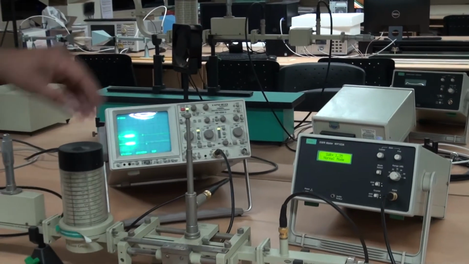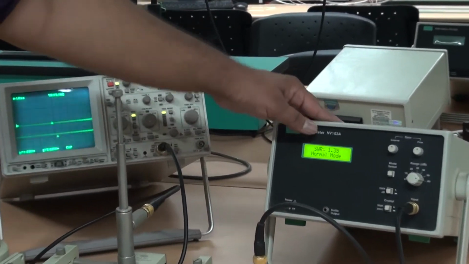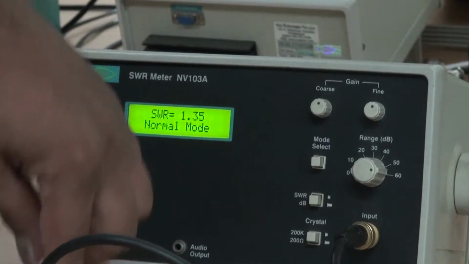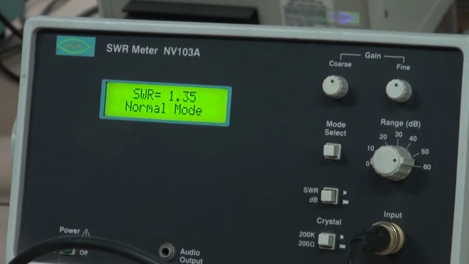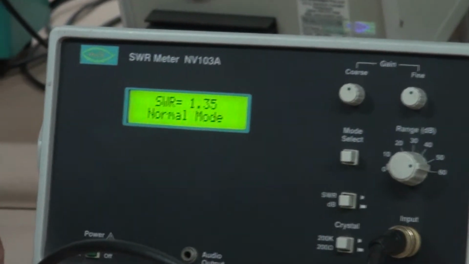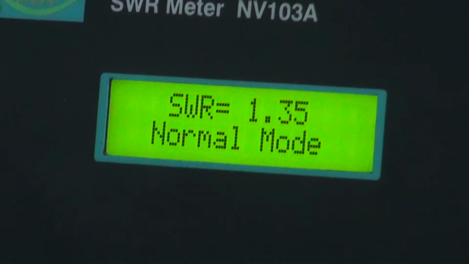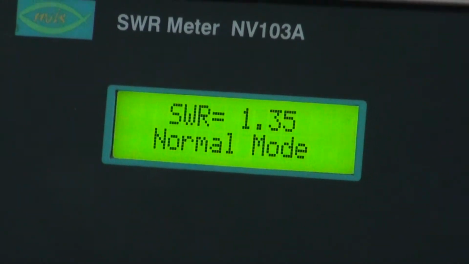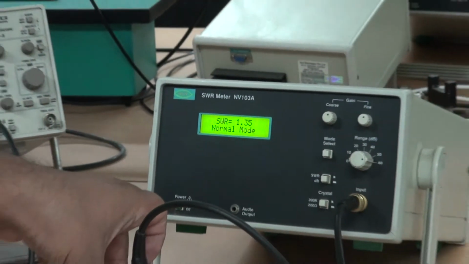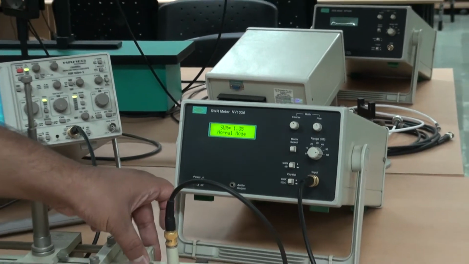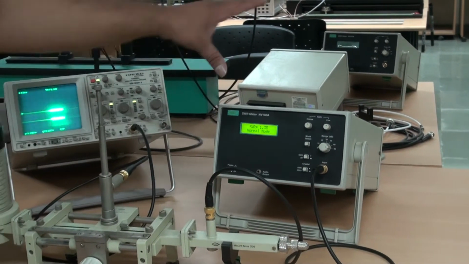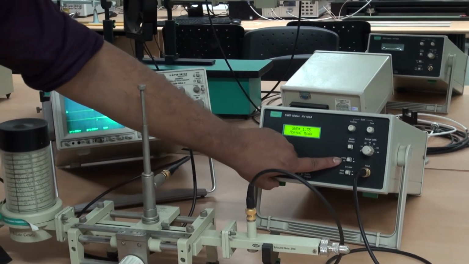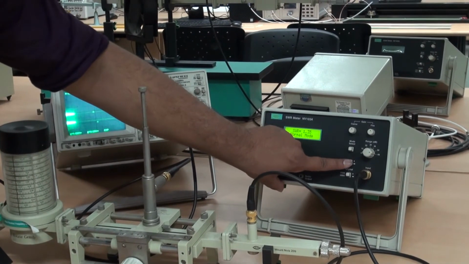The VSWR meter is used to measure the VSWR in this microwave test bench. The standing wave pattern is available in this slotted line section, and it passes through our transmission line. So here we measure the VSWR using the VSWR meter, and also power.